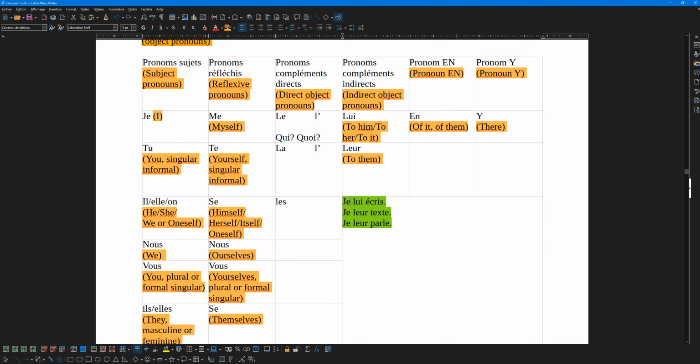For the negative form, again, je ne lui écris pas. So you have ne and pas around the verb that is conjugated, but you have the pronom complément in front of the verb of action.